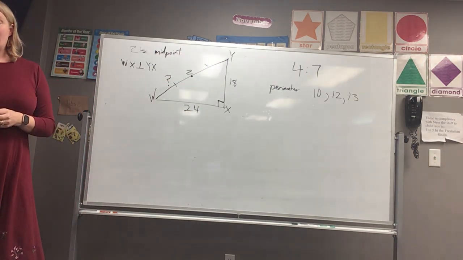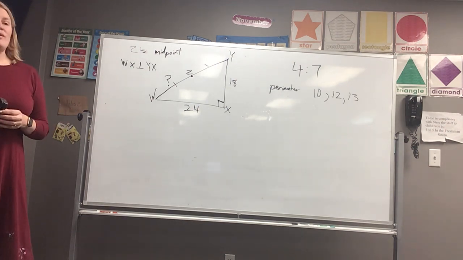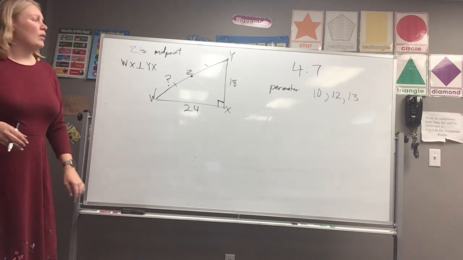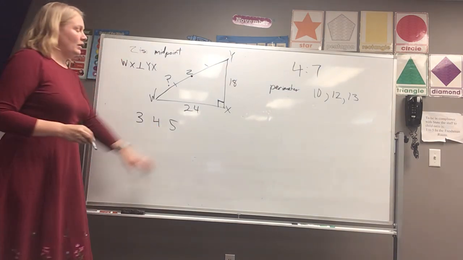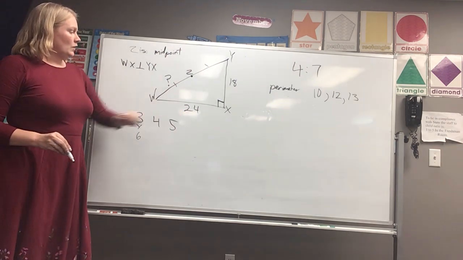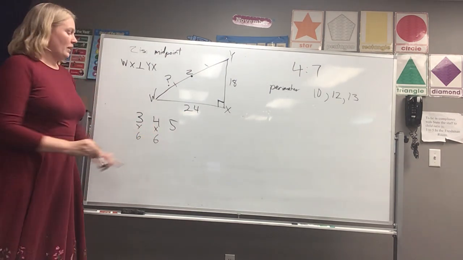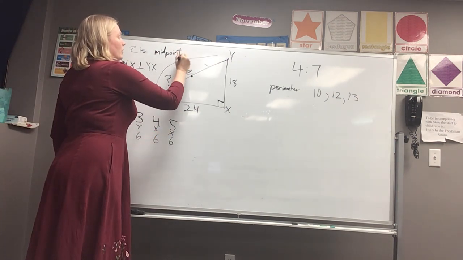If you run it through your calculator, honestly, it's fast enough. That might be the fastest way to do it, but it also happens to be a Pythagorean triple. Back to the idea of 3, 4, 5. 18 is 3 times 6. 24 is 4 times 6. 5 times 6 would give us a length of 30.